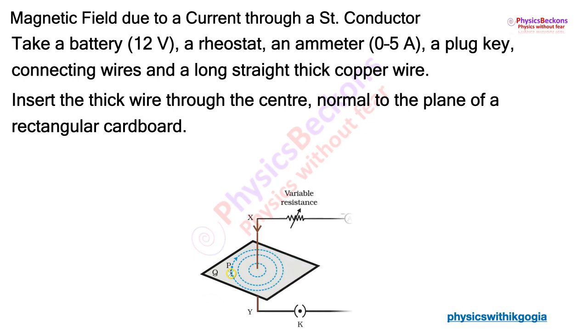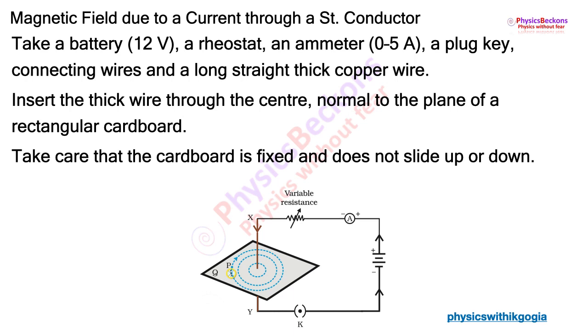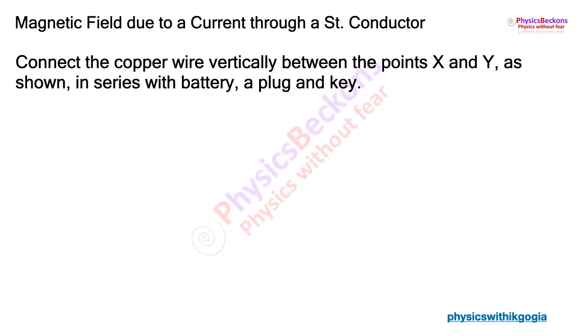Insert the thick copper wire through the center and normal to the plane of a rectangular board. Make sure that the cardboard is fixed and does not slide up and down. The cardboard should be fixed, preferably having a white paper on it.